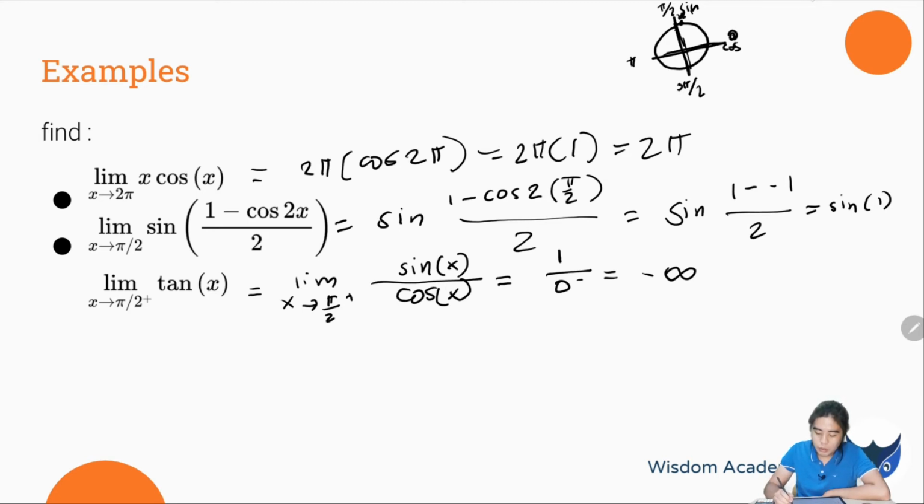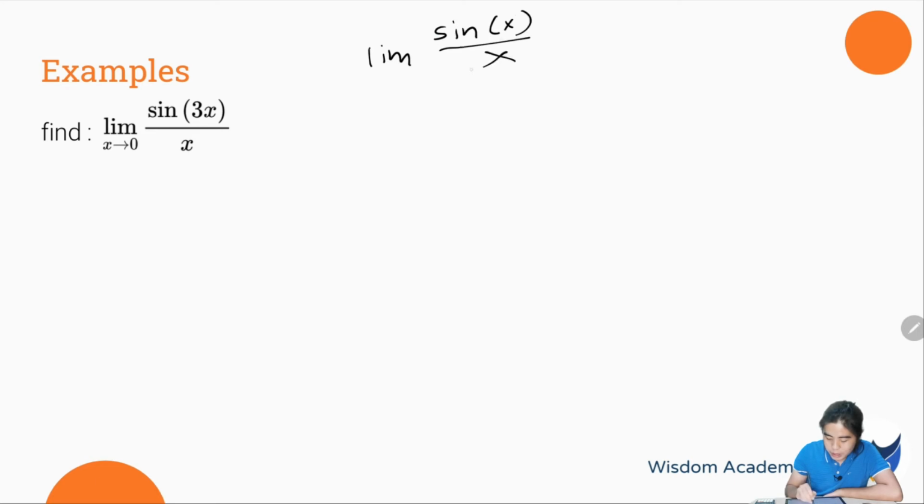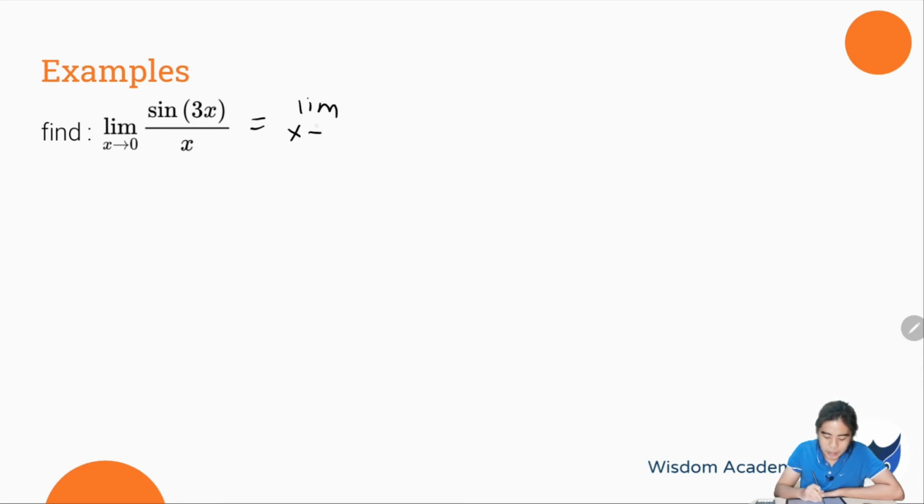Okay. So, for another example, we will solve the limit as x approaches 0 of sine 3x over x. Remember yung theorem natin na limit of sine x over x as x approaches 0 is equals to 1. So, paano natin to i-apply dito? Kailangan lang natin na itugma yung nasa denominator niya sa nasa loob ng sine. So, to do that, kailangan i-multiply natin both the numerator and the denominator by 3.